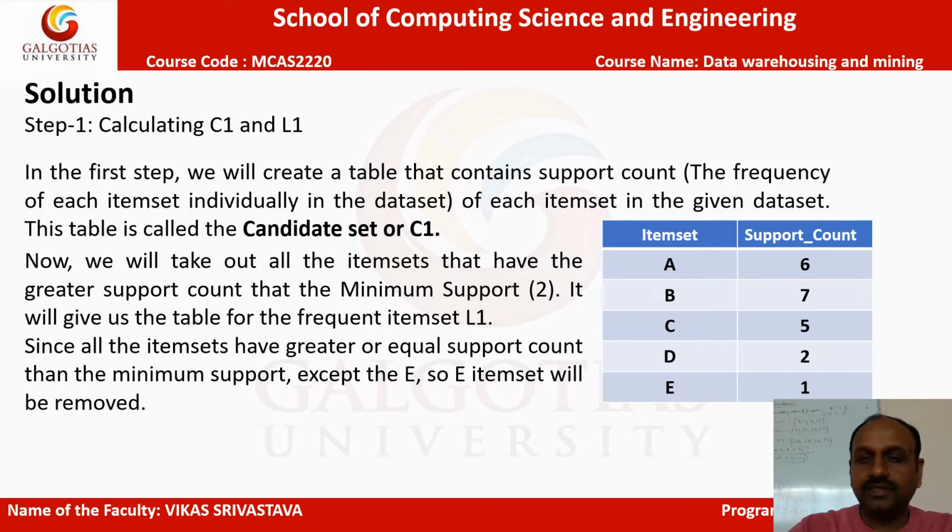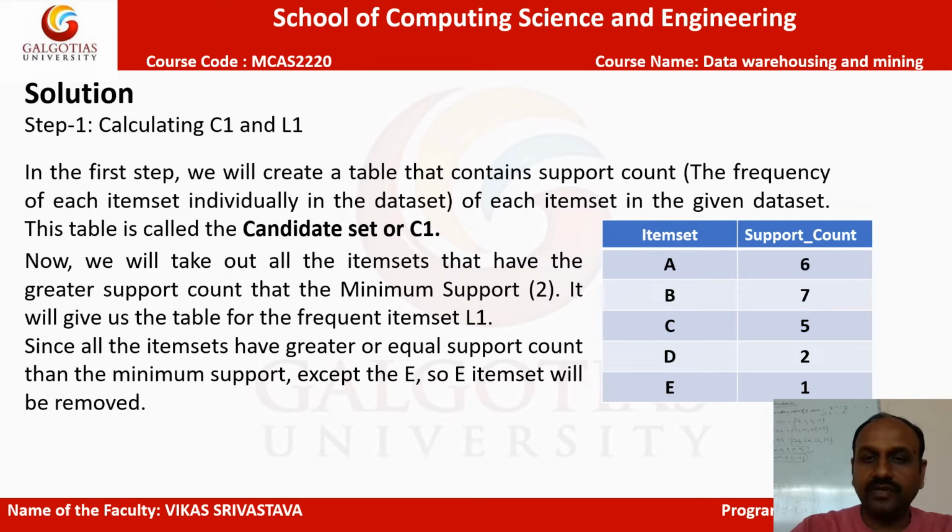In that transaction table, we have items A, B, C, D, E, and we will count the support count for each. A has 6, B has 7, C has 5, D has 2, and E has 1.